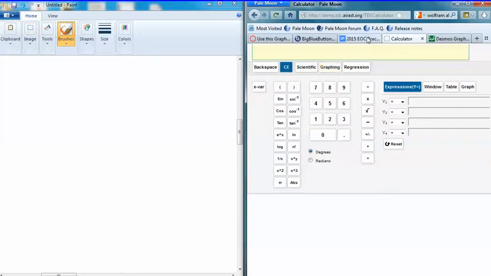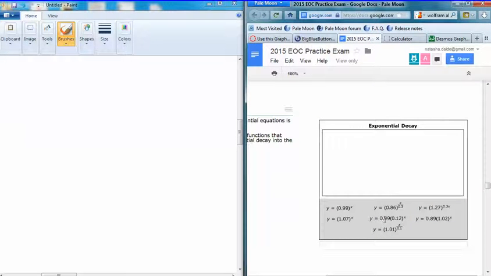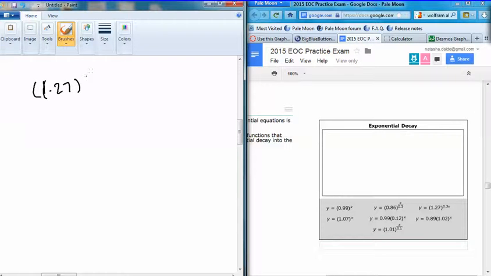All right. What's the next exponential decay function? Here's what I would do at this point. Let me show you. I'm going to do this last one on the top right-hand side. 1.27 to the 0.3x is the same as 1.27 to the 0.3, to the x.